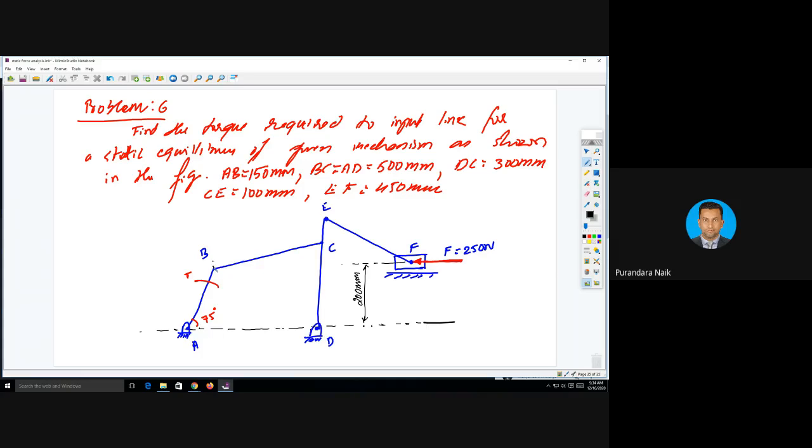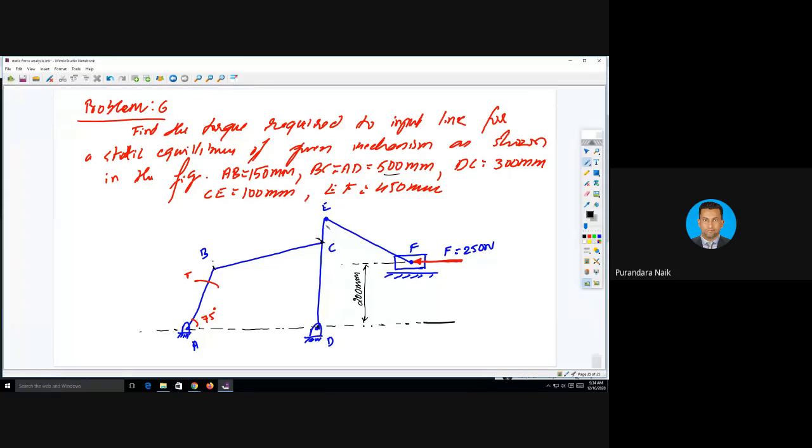At 75 degrees, mark the point B. Then take AD length on the horizontal line. AD length is 500, 5 centimeter. Then DC is 300. Cut it. BC we have 500. Cut the length. We'll get a point C here.